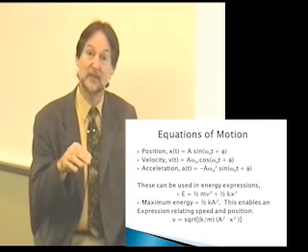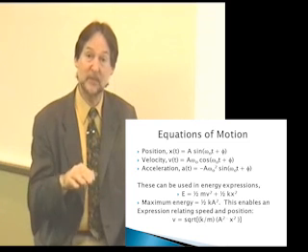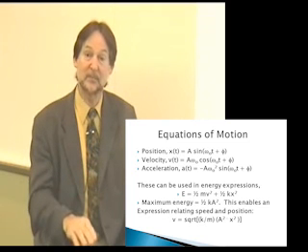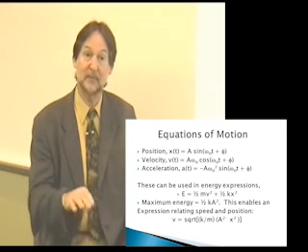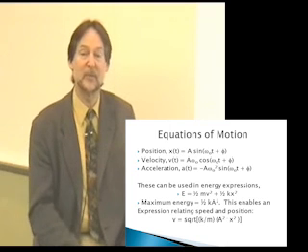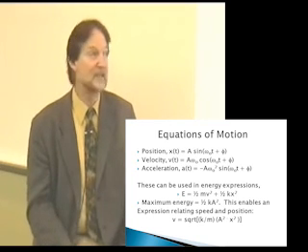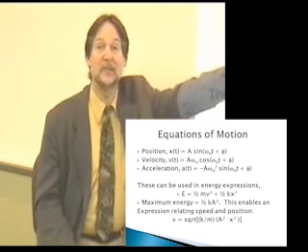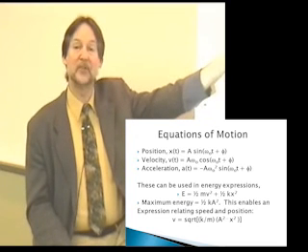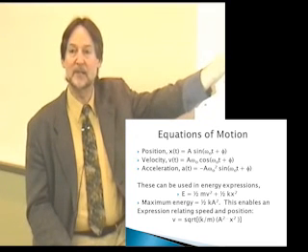In contrast to that, at the extreme points where the spring is stretched completely and the object is slowing and then momentarily stopping and then coming back up again, at that point the spring is stretched to its greatest amount and has the greatest amount of potential energy, and of course it momentarily stops, so it has no kinetic energy.